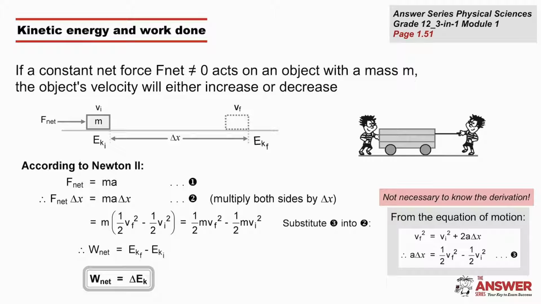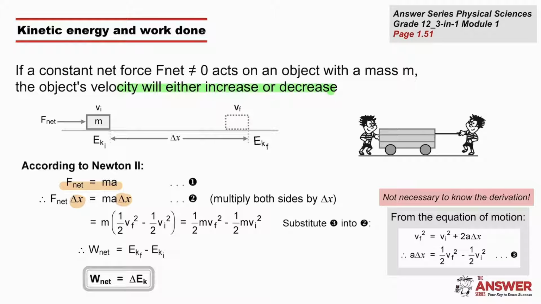If a net force acts on an object, the acceleration cannot be equal to 0, so the velocity changes, and therefore the kinetic energy of the object will also change. We can show this by taking Newton's second law and multiplying by delta x on both sides.